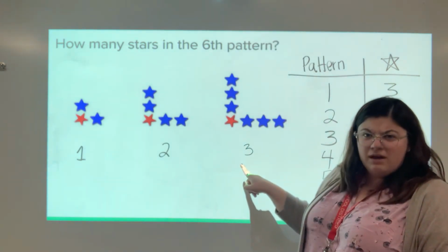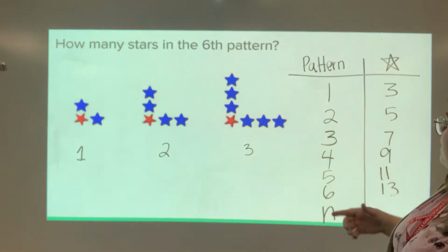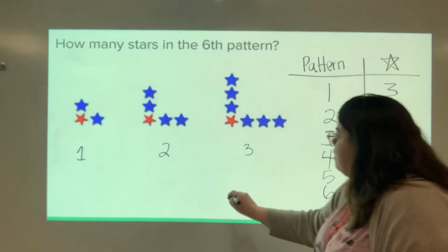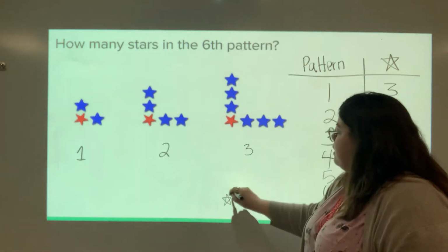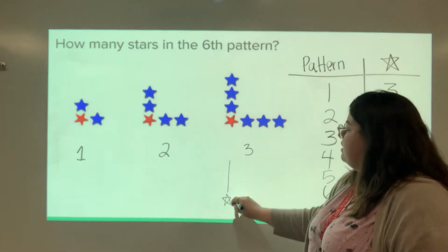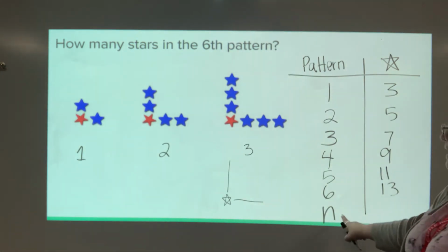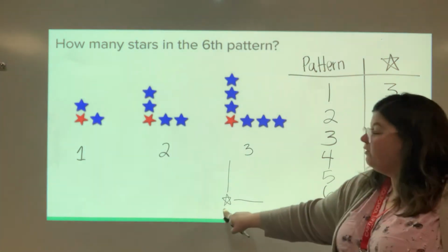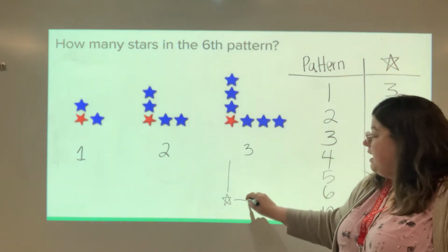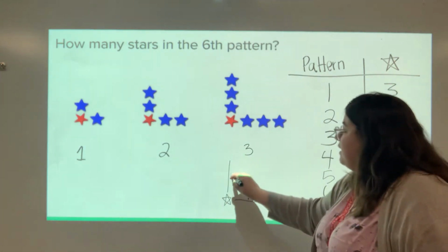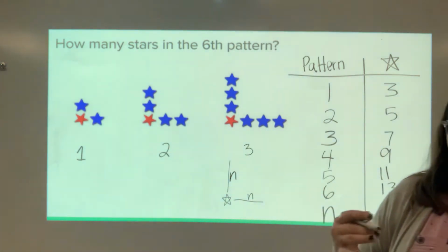Are you seeing that okay? So if I was in pattern 6, I would have 1 corner star, and I would have 6 up this way and 6 that way, all right? If I was in the nth pattern, I would have 1 star, and I would have n stars and n stars.